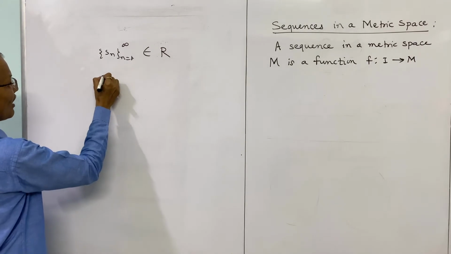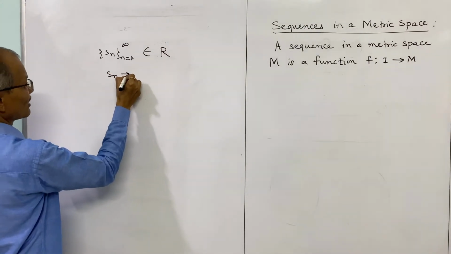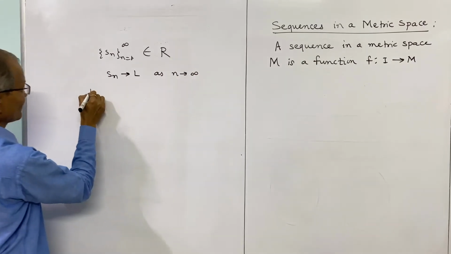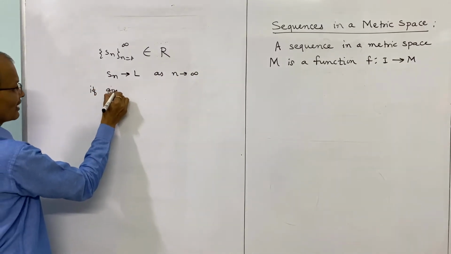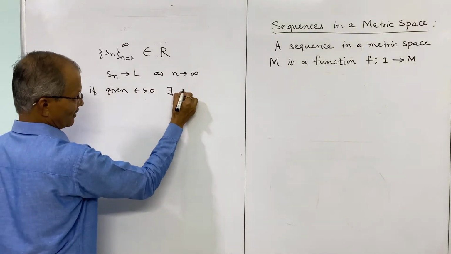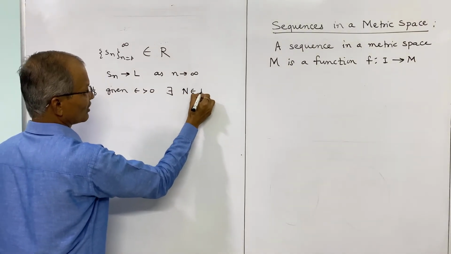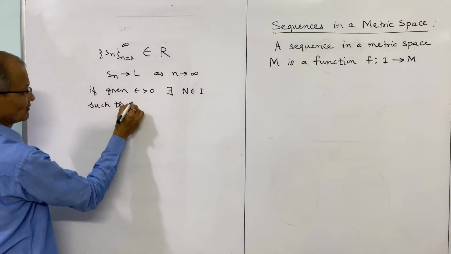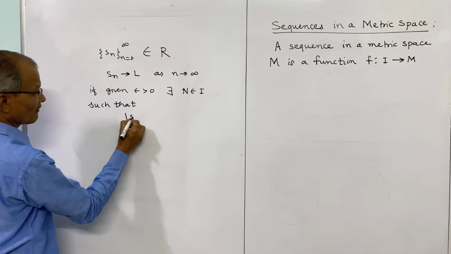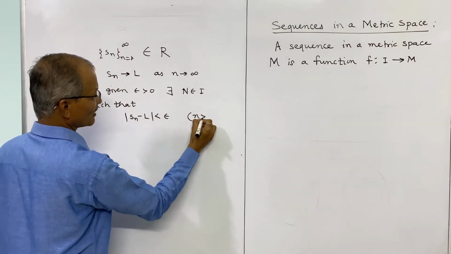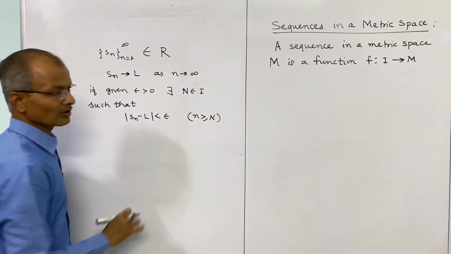Then we have Sn tends to L as n tends to infinity if, given epsilon greater than 0, there exists N belonging to I such that mod of Sn minus L is less than epsilon for n greater than or equal to N. This is our usual definition.